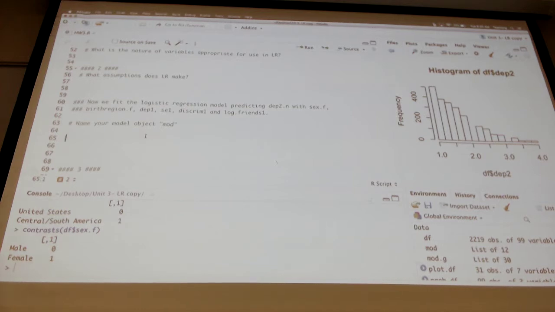For these assumptions, are most of them for continuous predictor variables? Multicollinearity and linearity of the logit, definitely. The outliers are outliers among the solution, not among the independent variables. Meaning, I don't want to be super wrong if I predicted there's a 100% chance of rain, and in actuality it was like 0%.